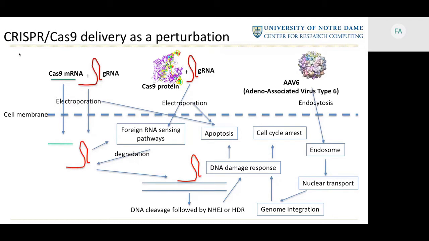So let's take the instance where you're delivering Cas9 mRNA and a guide RNA sequence through electroporation. So one thing, electroporation in itself might actually perturb the cells in multiple ways. So for instance, electroporation can cause apoptosis. Of course, when electroporation changes the permeability of the cell membrane, it could also perturb many processes inside cells.